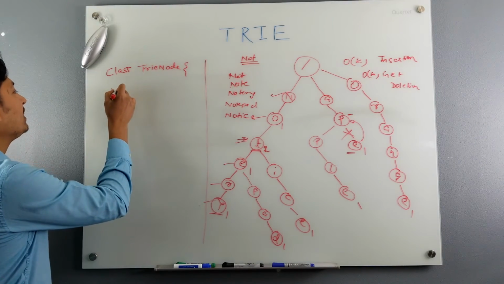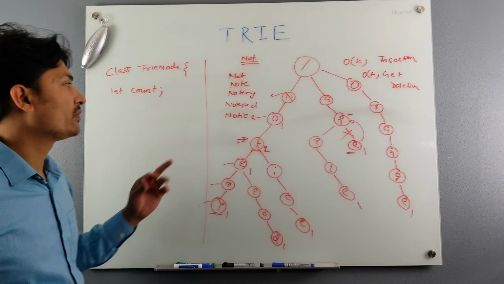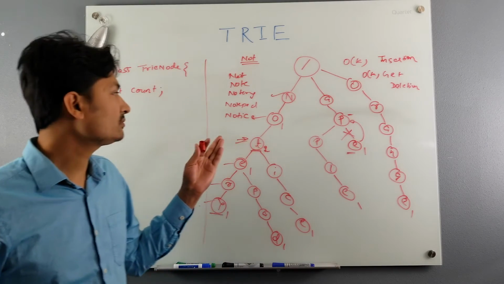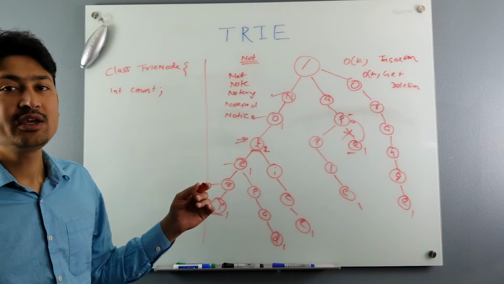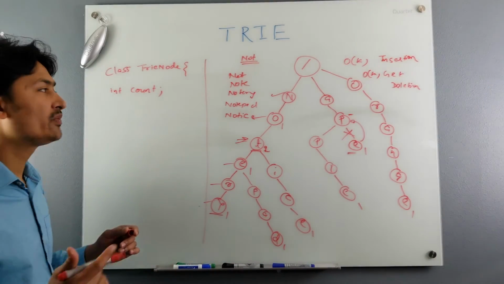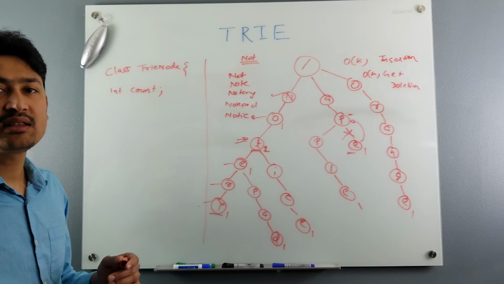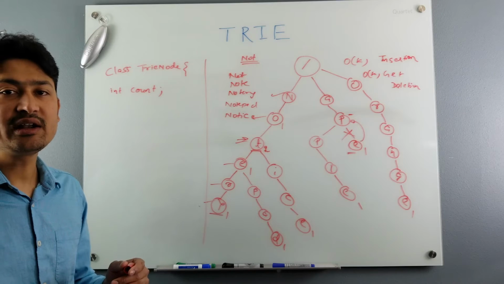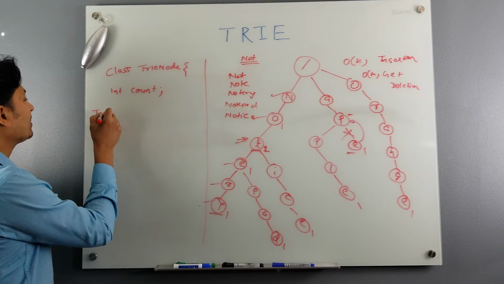So we can call it an int count. The other thing is, if you are working with letters in this example, you don't need to have an explicit data structure to store the characters. You can use the child pointers to determine whether that particular letter exists or not.